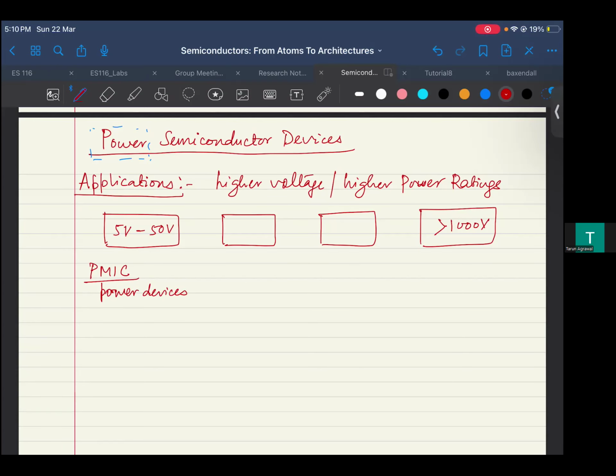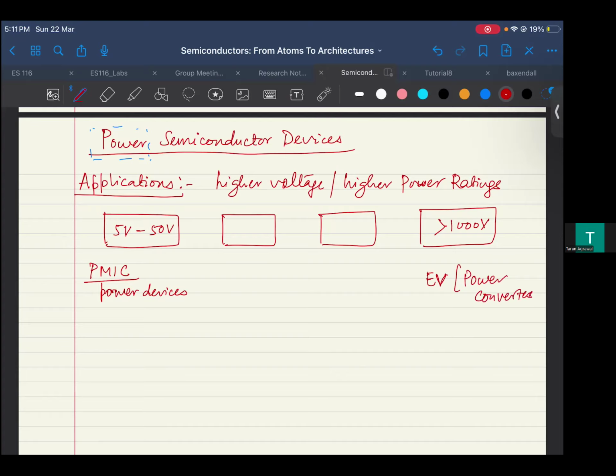Then there are other applications, let's look at the extreme where you are looking at very high voltages. These could be, let's say, in EV vehicles, where you have much higher voltage demand. That means you are looking at something like power converters.